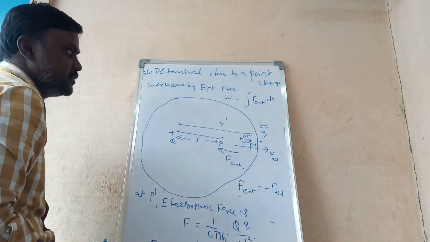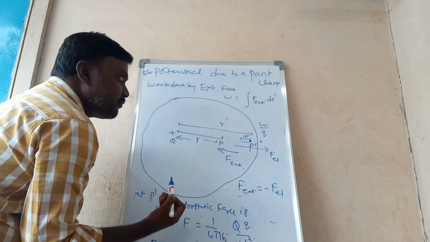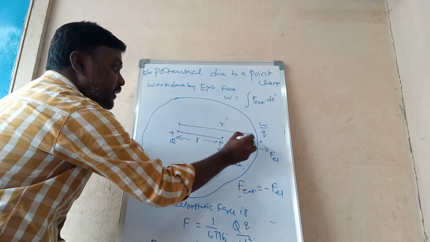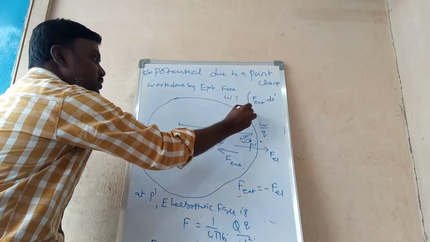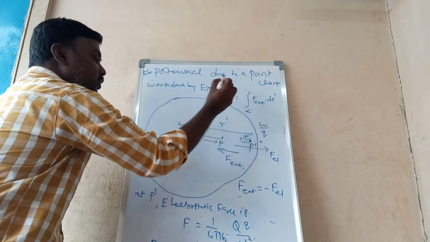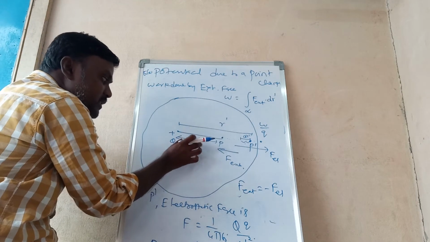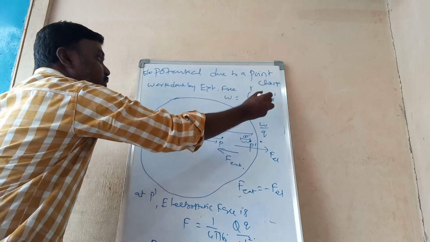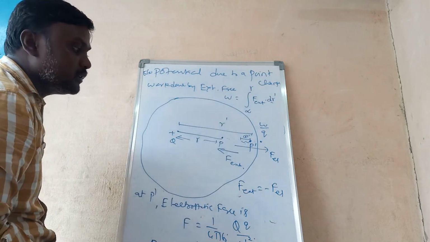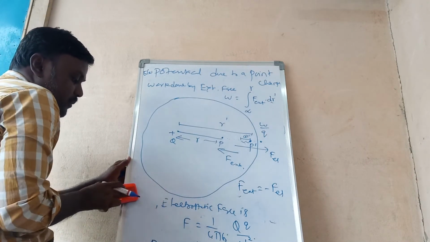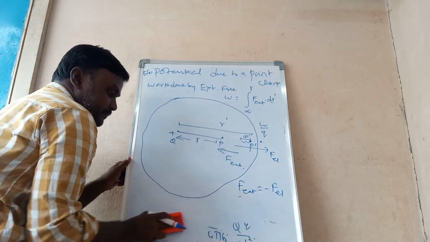We are moving from infinity to this point, so the lower limit is infinity and the upper limit is r. Here r prime is the variable.